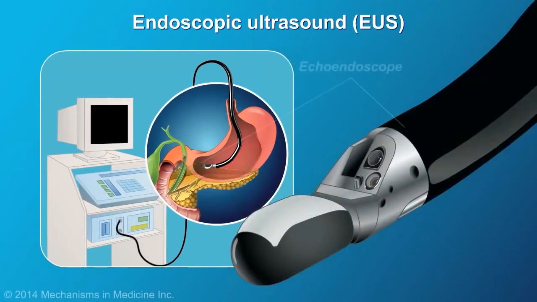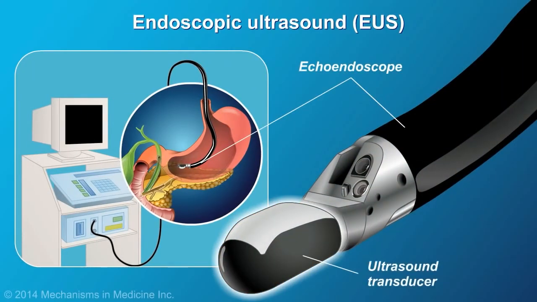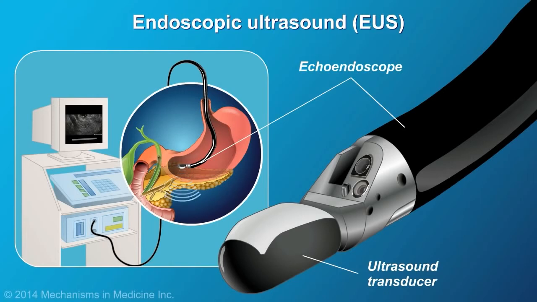At the tip of the echoendoscope is an ultrasound transducer. The sound waves emitted and detected by the transducer are converted into detailed images of the pancreas and surrounding abdominal organs. These images are interpreted by your doctor to pinpoint areas of interest.